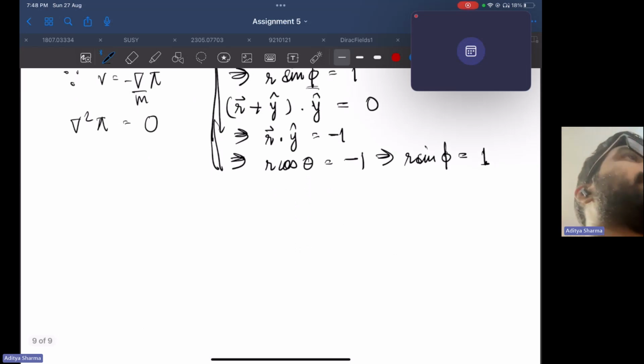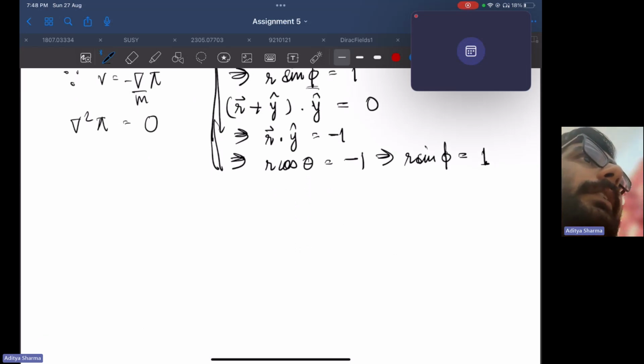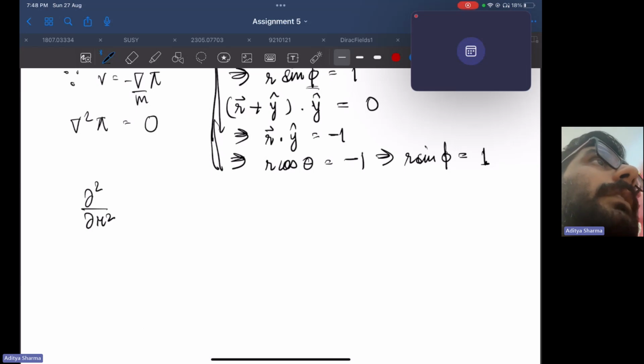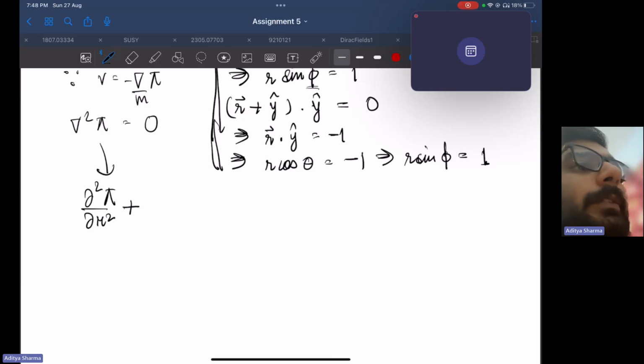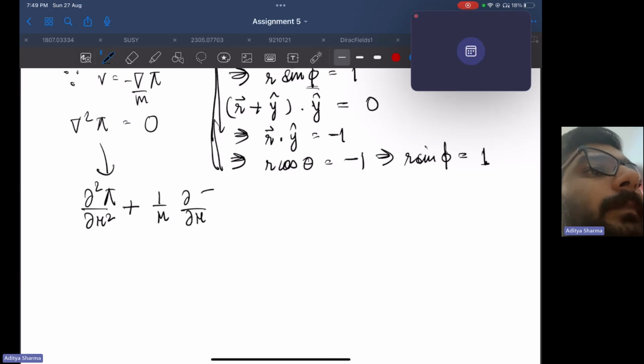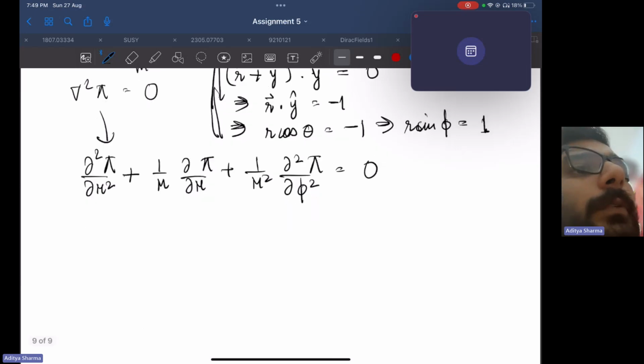So let us just solve the equation. Del square can be written as 1 by r del r of r del r plus 1 by r square del square by del phi square, equal to 0.